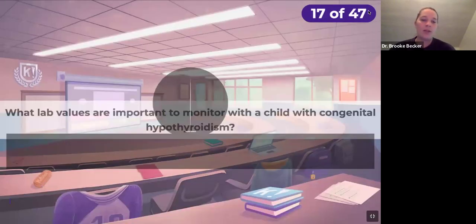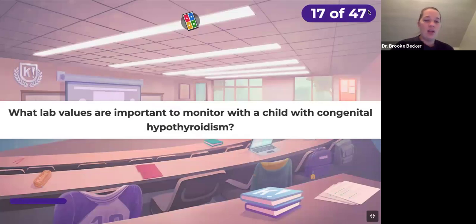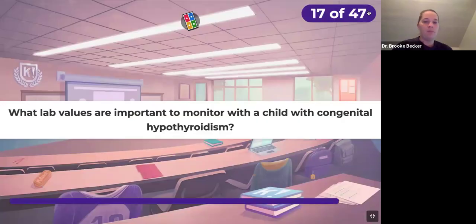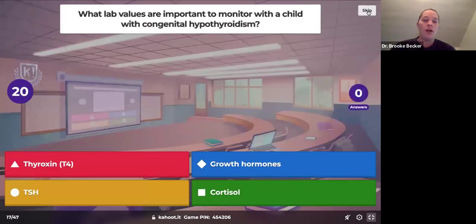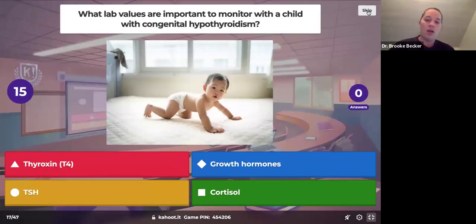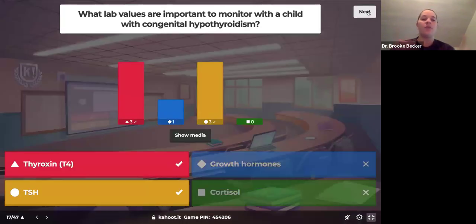Multiple select. What lab values are important to monitor for a child with congenital hypothyroidism? Thyroxine or T4, growth hormones, TSH, or cortisol. Okay, T4 or thyroxine, TSH.